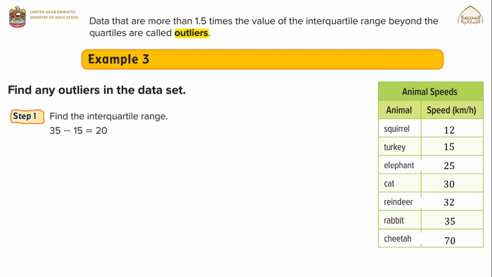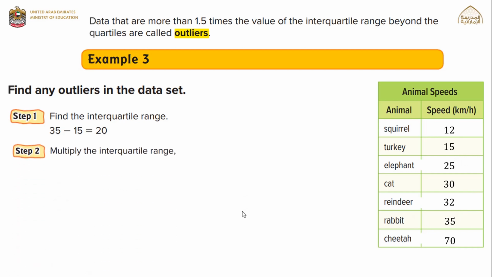So we need to determine the median, the first quartile, and the third quartile. It's very easy to determine that the median is 30, the first quartile is 15, and the third quartile is 35. So the interquartile range is 35 minus 15, which is 20.